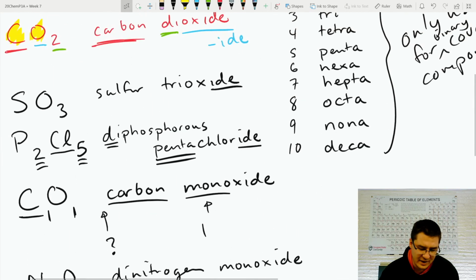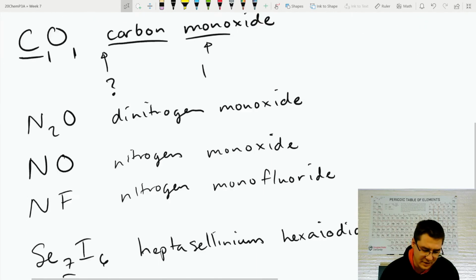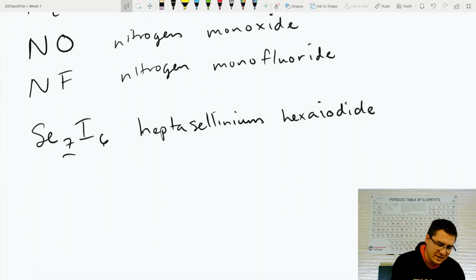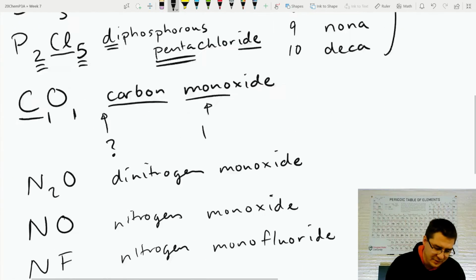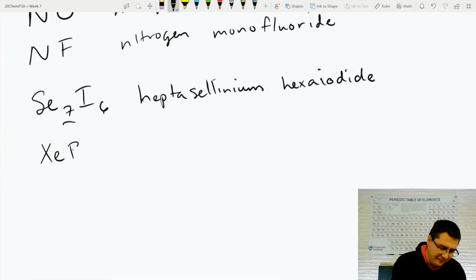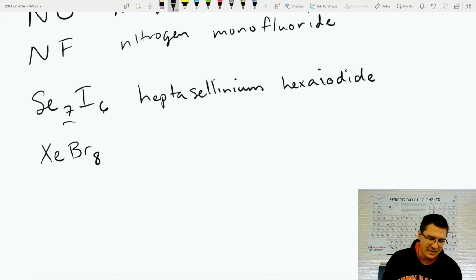Okay, what if I had, let's go with octa. Pick one that I haven't used. Small one. So I'm back to that single xenon. Okay, only one of them.